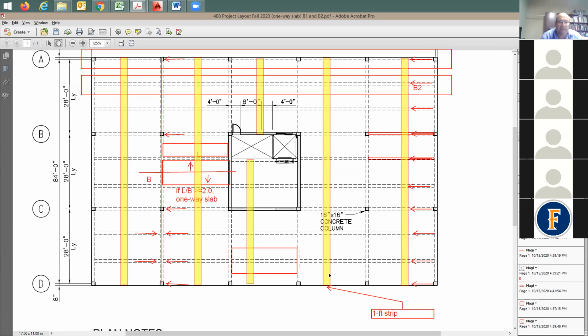Take one strip here, do the analysis for it. You don't need to do all of them because this is going to be the same as this, same as this. So effectively, I have 3 typical slabs: this is 1, this is 2, this is 3. But in our submittal, in our project, it's going to be only one of them, which means this one here. Following? Yes? No?